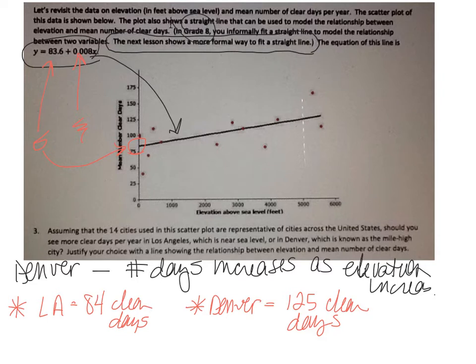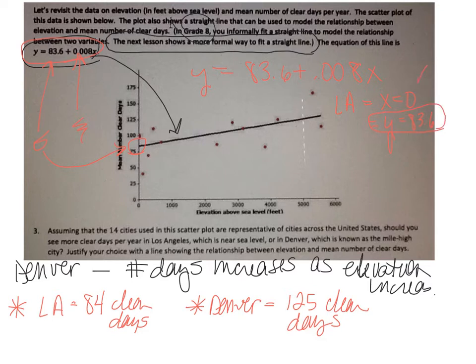From the linear model, which is a line, y = 83.6 + 0.008x. For Los Angeles, which is at sea level, LA is at x equals 0, so we have y equals 83.6.